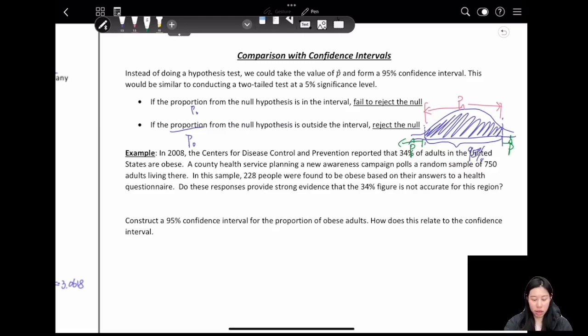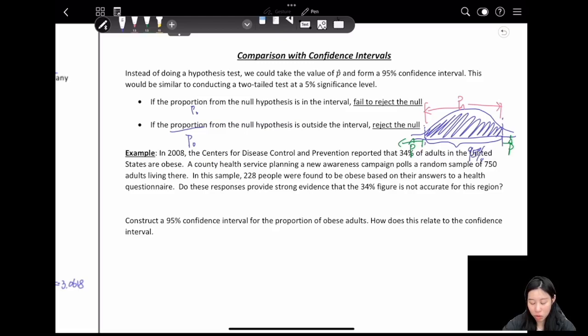Okay, let's have an example. In 2008, the Centers for Disease Control and Prevention reported that 34% of the adults in the United States are obese. A county health services planning a new awareness campaign polled a random sample of 750 adults living here.